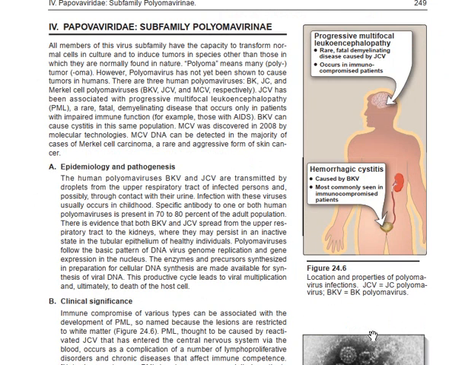Now, what are the location and properties of polyomavirus infection? Don't forget that there was papilloma virus, and the other class contained the BK polyoma virus and the JC polyoma virus. In the case of the JC virus, you need to know that it results in the disease called progressive multifocal leukoencephalopathy. Is it clear?